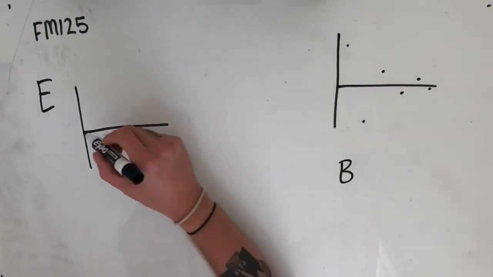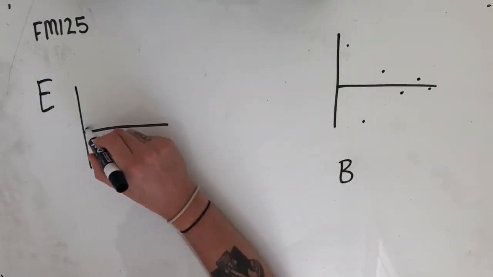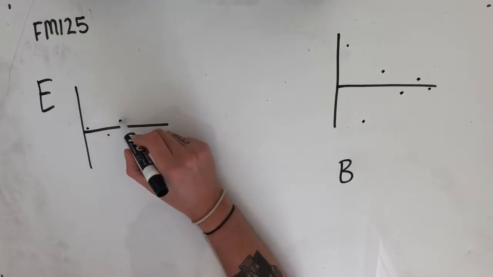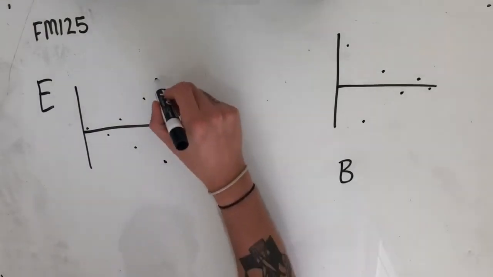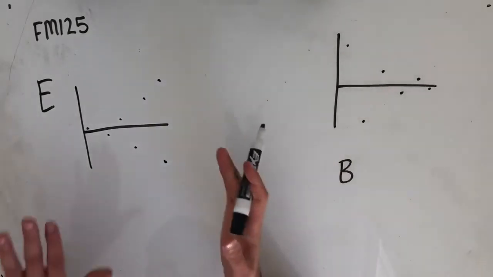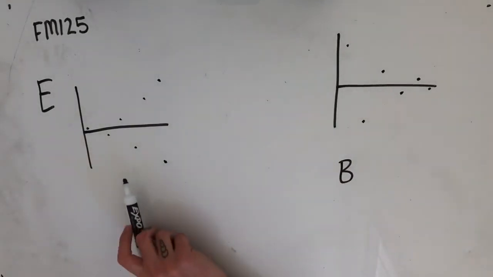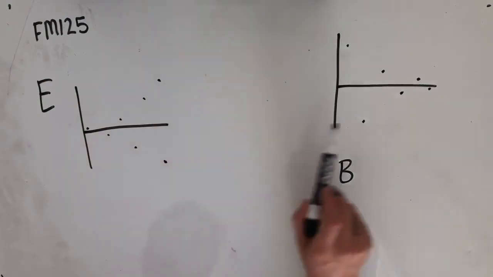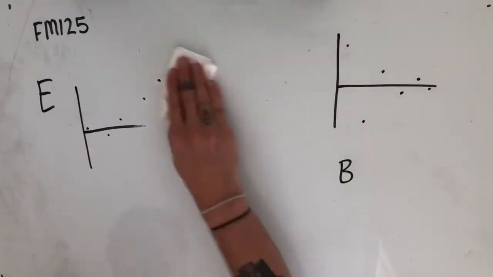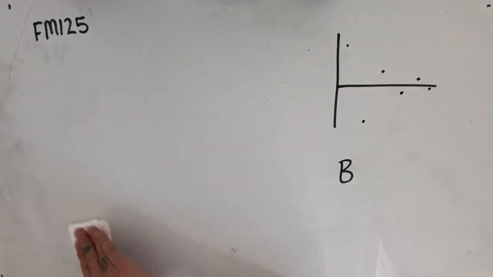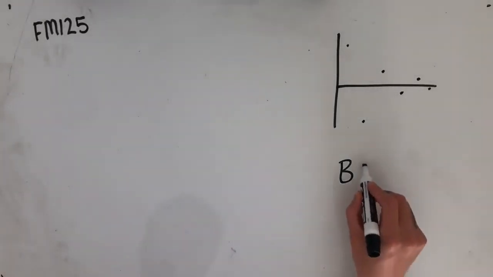But because of that negative, once again, we're going to be moving from side to side, getting larger in this type of fashion, which is sort of the opposite. It's almost like it's on a little bit of a flip to what we're looking for. So B definitely still holds up as being our best answer, and of course that is the correct answer.